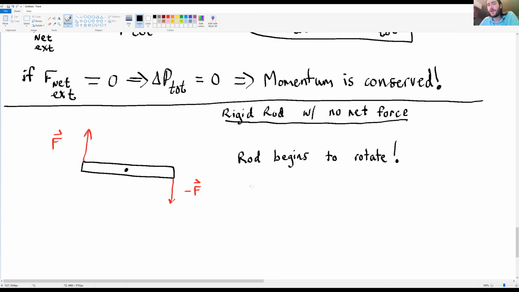However, there is one crucial bit of information that we know from what we studied in the previous chapter, which is what I just covered. And that is that the center of mass does not move.